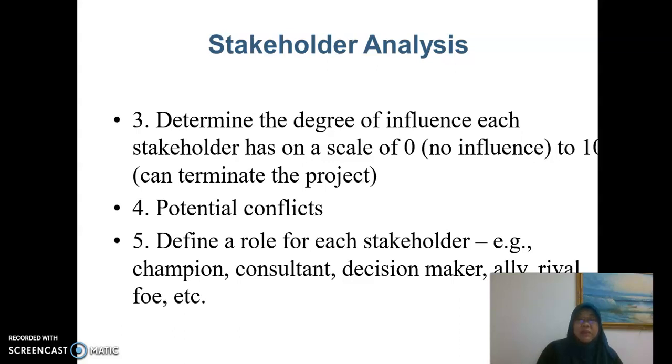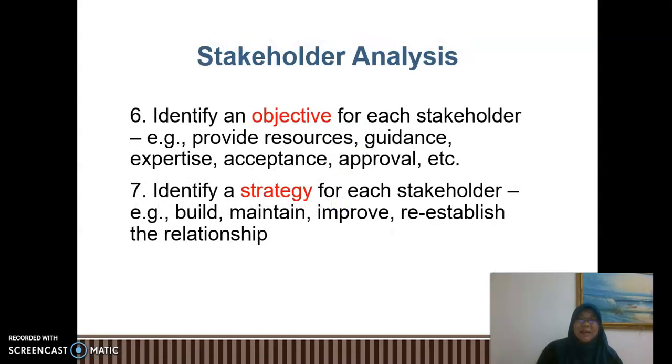Step 5, to define a role for each stakeholder, for example, as a champion, as a consultant, as a decision maker, and etc. Step 6 is to identify an objective for each stakeholder.